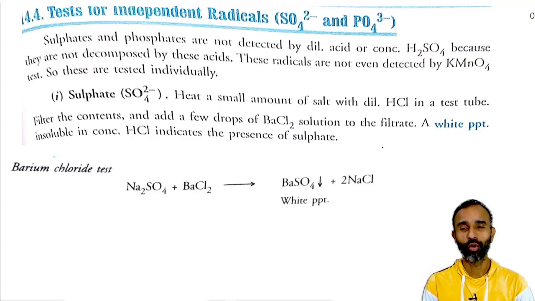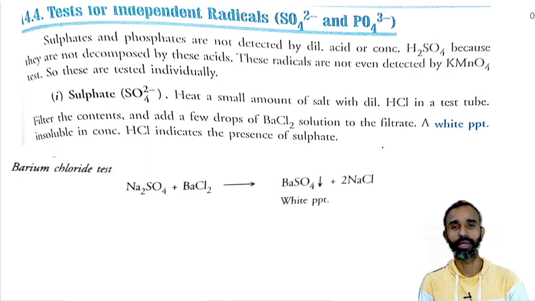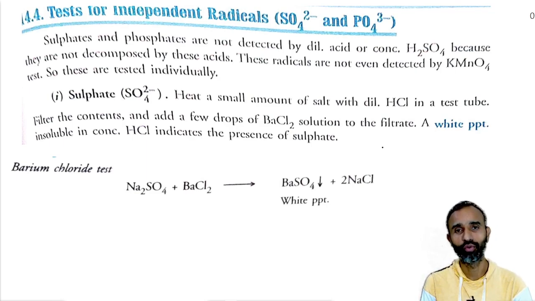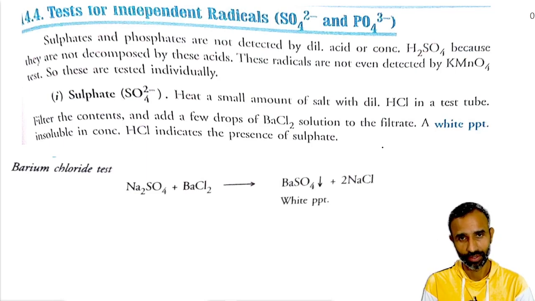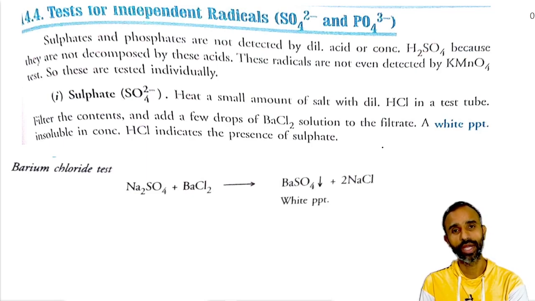तो हेलो दोस्तों, हमने लास्ट लेक्चर में डाइल्यूट H2SO4, कॉन्सेंट्रेटेड H2SO4 और इंडिपेंडेंट रेडिकल्स के बारे में पढ़ा था कि डाइल्यूट H2SO4 is used for sulfite, carbonate and nitrite, and concentrated H2SO4 is used for chloride, bromide, iodide, nitrate, acetate and oxalate.